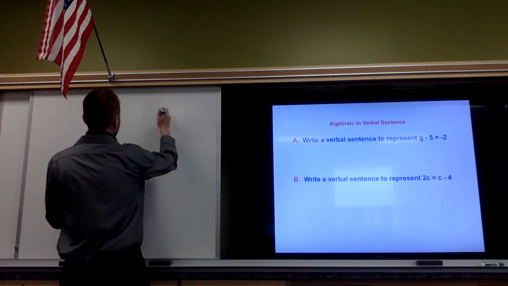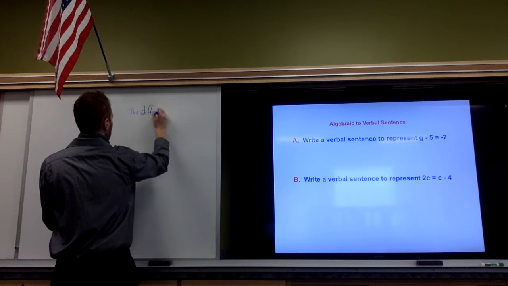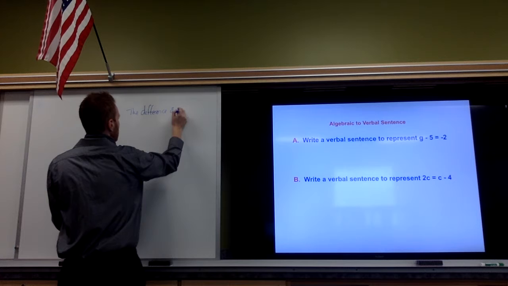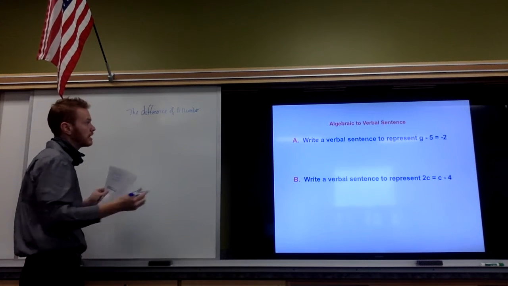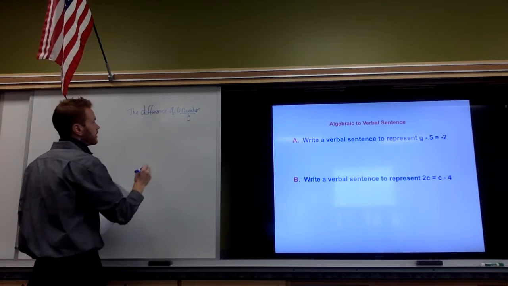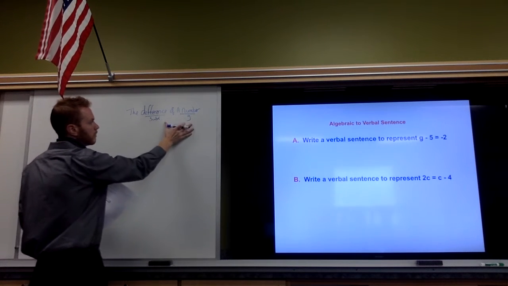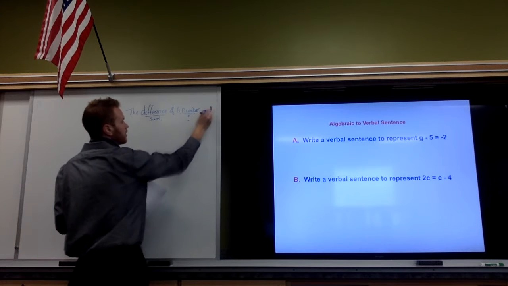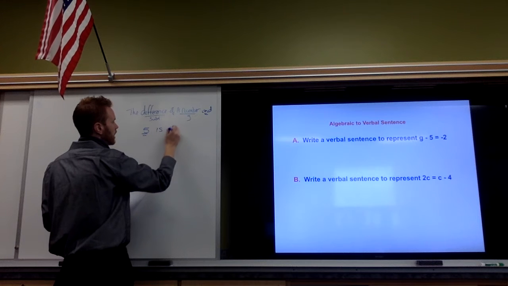So here's what we're going to write. The difference of a number, because we don't know what g is. It's just a number. So this is g. The difference, that's subtraction, the difference of a number and 5 is negative 2.